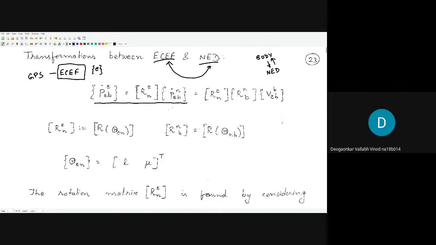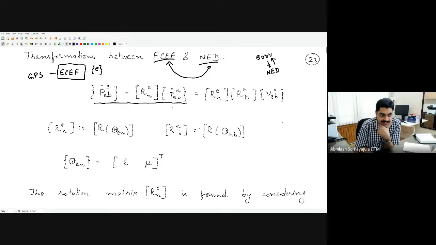Just like previously we had the derivative of the position in the N frame given by a rotation matrix from B to N times the velocity of the body in the B frame, we are now writing a similar expression between the E frame and the N frame.